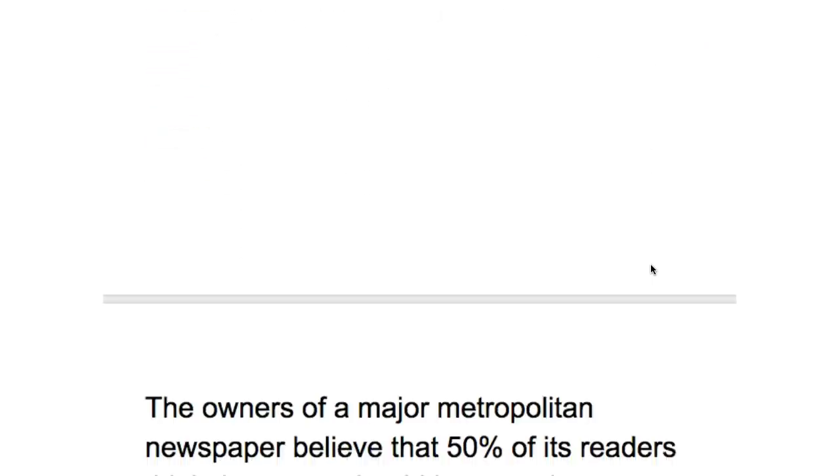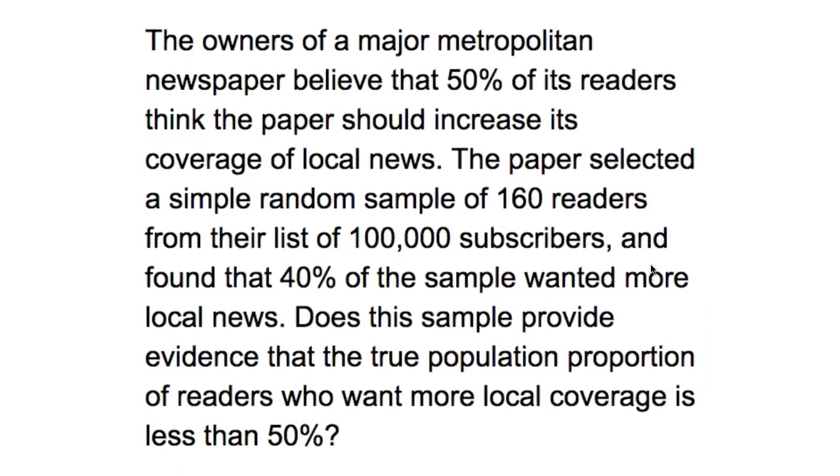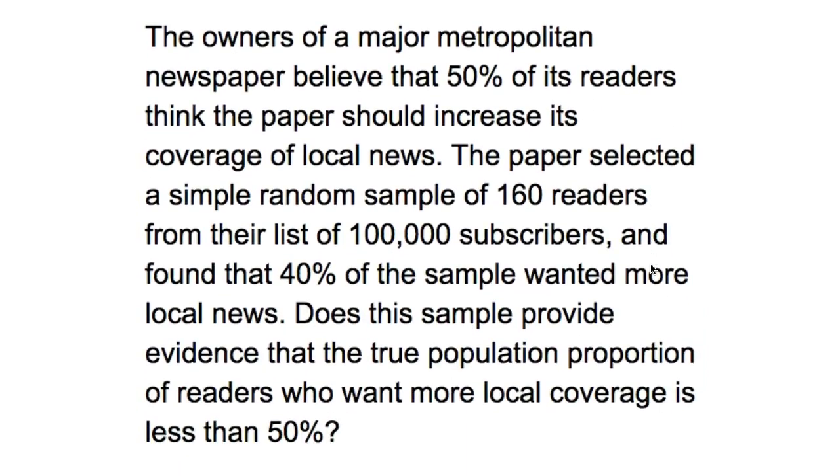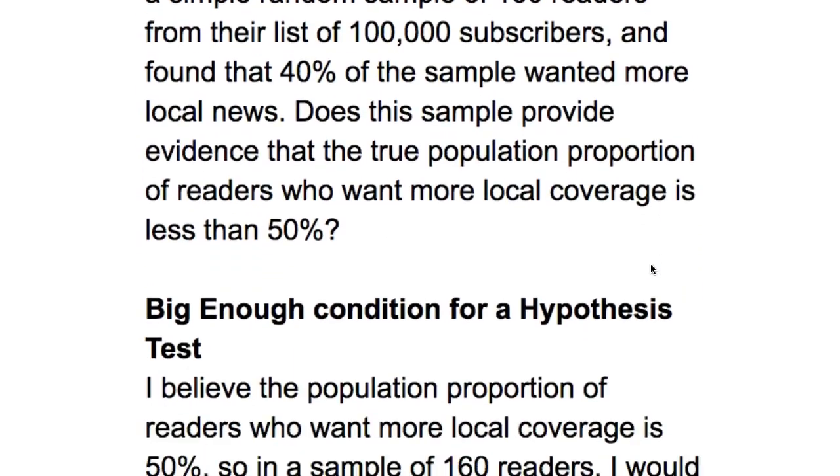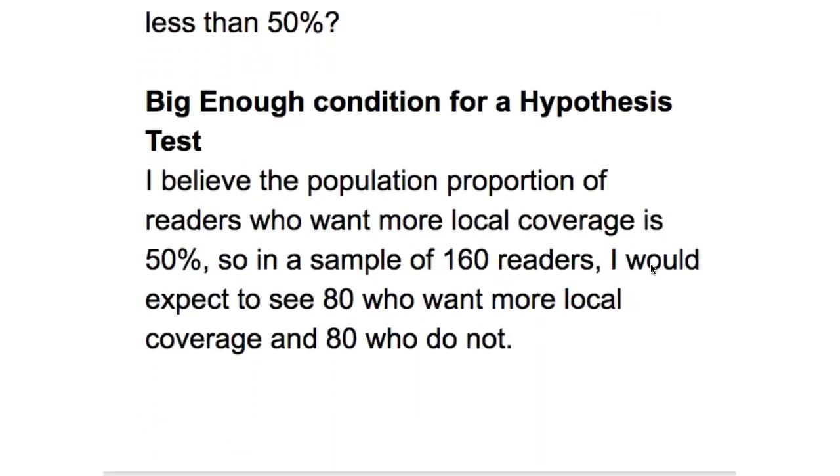Now let's approach this question from a hypothesis test point of view. The same situation, but in a hypothesis test, we put our faith and trust in the population proportion. That is what we believe to be true. So in the big enough condition for a hypothesis test, I believe the population proportion of readers who want more local coverage is 50%.